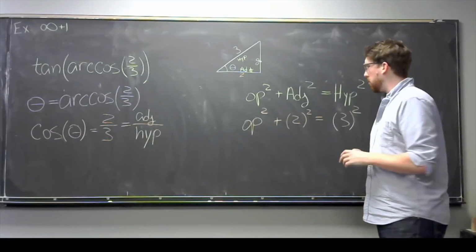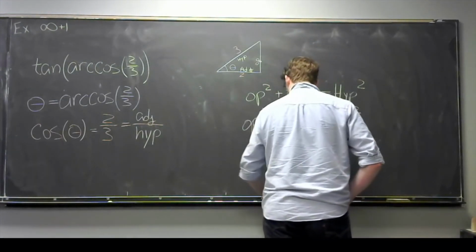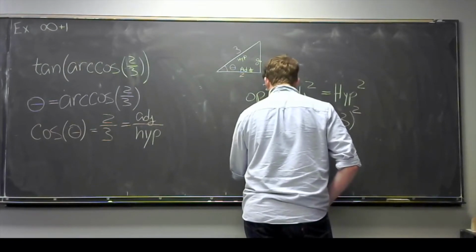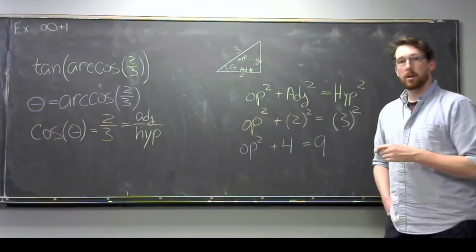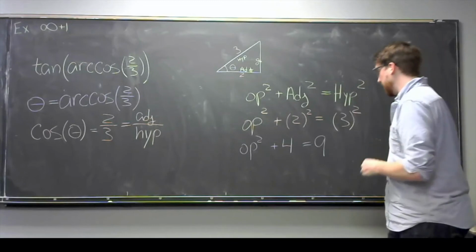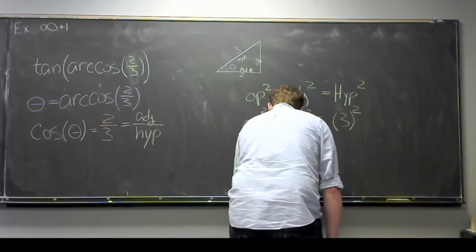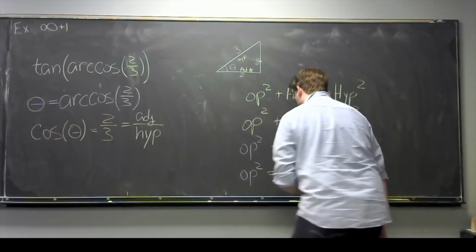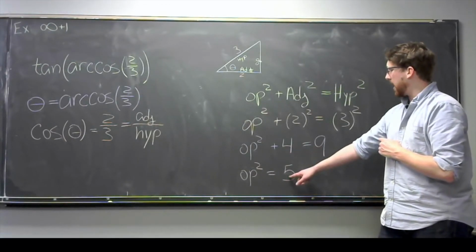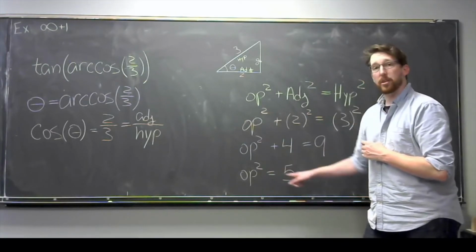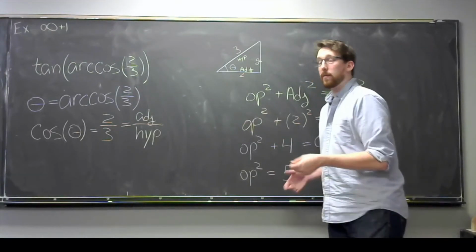Well, I can write this out a little bit more. We've got the opposite squared plus 4 is equal to 9. I can subtract 4 from both sides, and we get the opposite squared is equal to 5. Taking the square root of both sides, the opposite is the square root of 5.